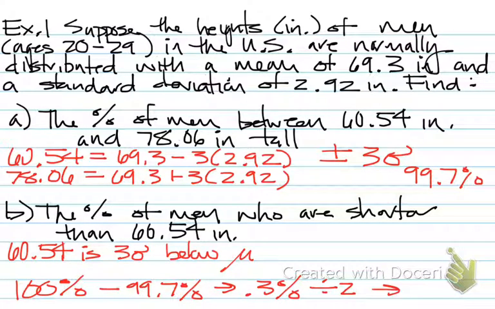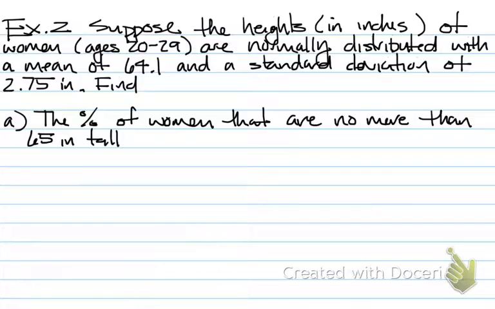Now there's 0.3% between the two sides of the curve. The left side and the right side together make up that 0.3%. We only want the left side, the part that's more than 3 standard deviations below the mean. So we need to divide by 2, and we get 0.15%.